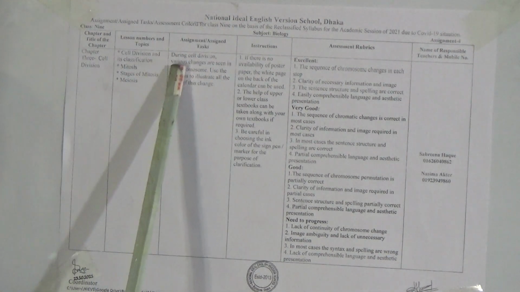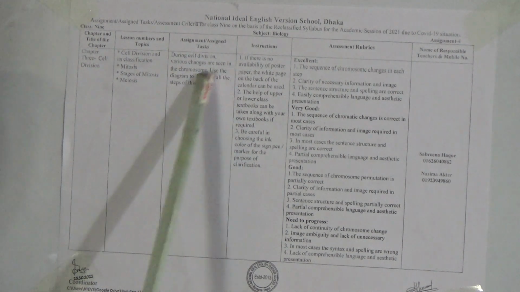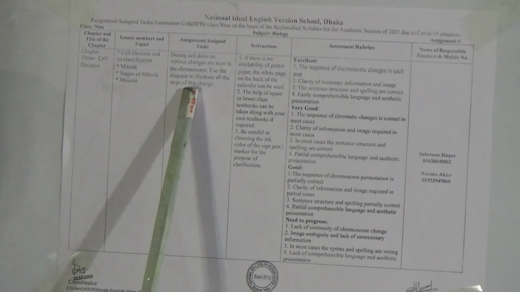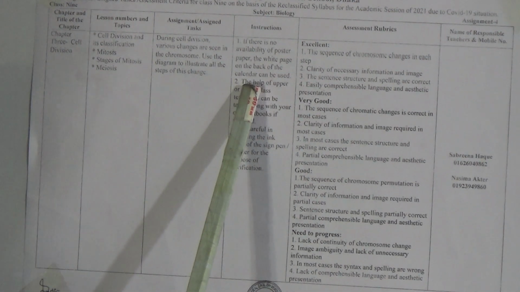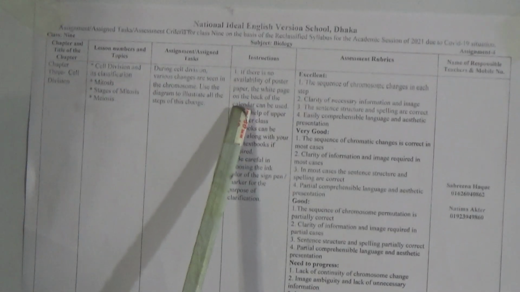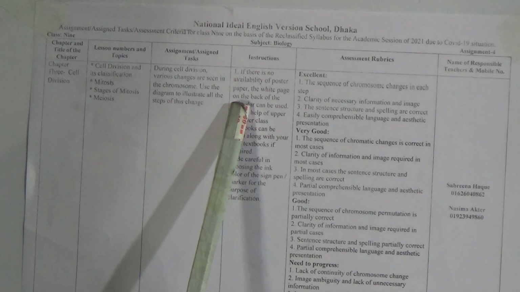The assignment is: during cell division, various changes are seen in the chromosome. Use the diagram to illustrate all the steps of this change, and follow the instruction. If we have to make the assignment on poster paper and we don't get poster paper or it is not available, we can use the back of a calendar page also.